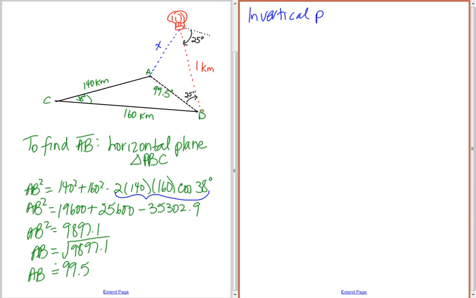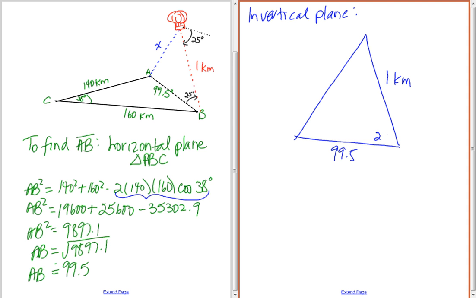So in the vertical plane, we have the triangle 99.5 with a length of 1 kilometer. So my triangle is way out of proportion. An angle of elevation of 25 degrees, and we want to find that side.